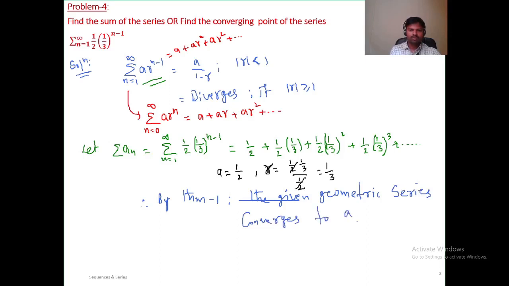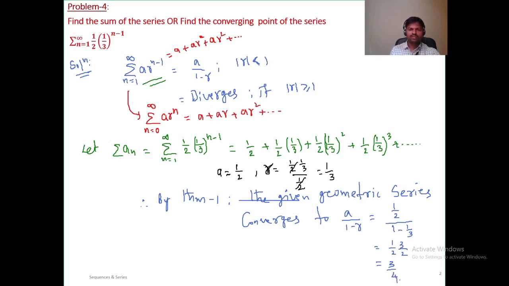A upon 1 minus r. What is A? A is 1 by 2 upon 1 minus r, where the common ratio is 1 third. So overall 1 by 2 into 3 by 2, because 1 minus 1 by 3 is 2 by 3, and its reciprocal is 3 by 2. So 3 by 4 is the answer.